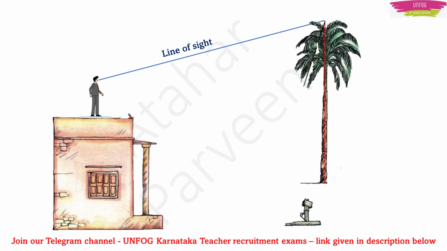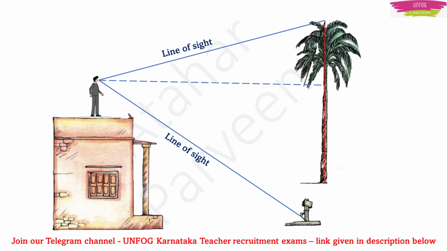The imaginary line connecting your eye and the top of the tree is the line of sight. Like that only, if you want to see the borewell, then you will have this line of sight, correct? Now if you are not looking at the top of the tree or the bottom of the borewell, but directly at the tree without moving your head, keeping your head in its position, then you will have one horizontal line.